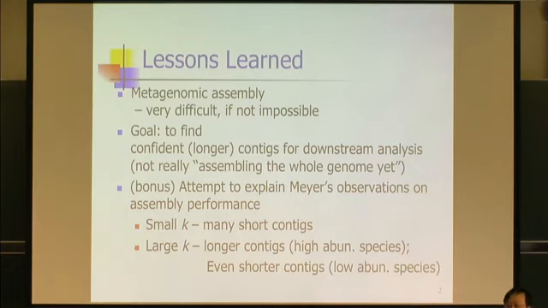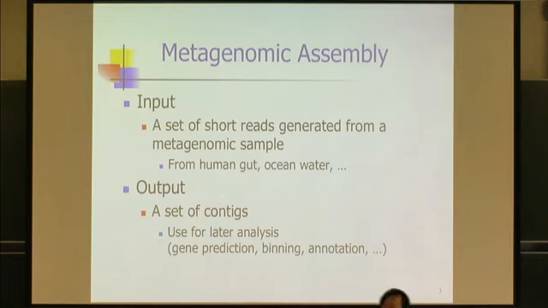The first talk I remember, Mayer mentioned that when you're doing the assembly, with small k there are many short contigs, and when you go to larger k for the de Bruijn graph, then you get longer contigs for the high abundance ratio, but for the low abundance ratio even shorter too. As a bonus, I will try to explain the phenomenon, why it's like this. This is one of the byproducts, which I hope I can give an explanation for.